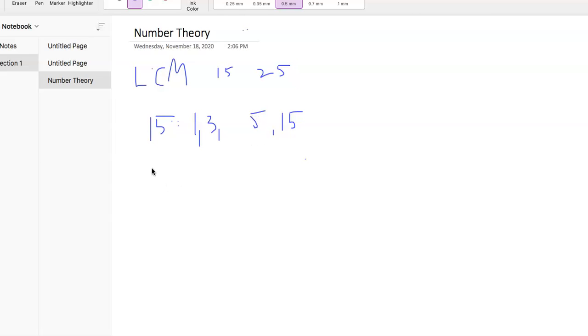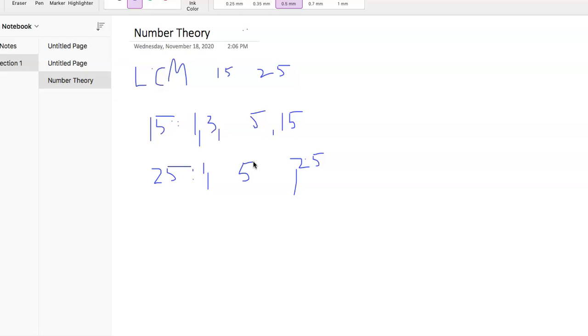That's all we got. 25. Okay, so you get 1, doesn't help us. 25, that doesn't help us. Right, and then the only other one we have is 5, right?